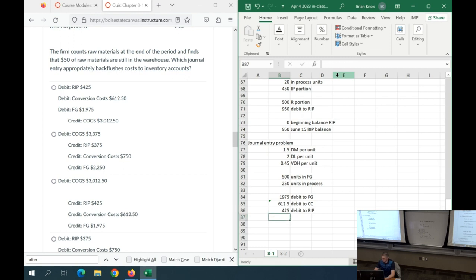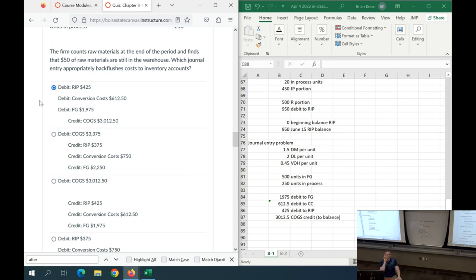So there we go, good. And just make sure I didn't mess something up. Yep, it balances. COGS credit to balance it. So that's going to be A, for sure. You could have done any one of those three debit entries, whichever you find easiest to calculate, to be sure and confirm between A and D.